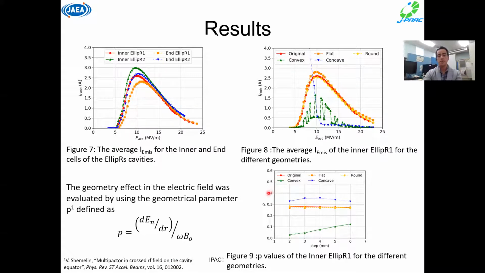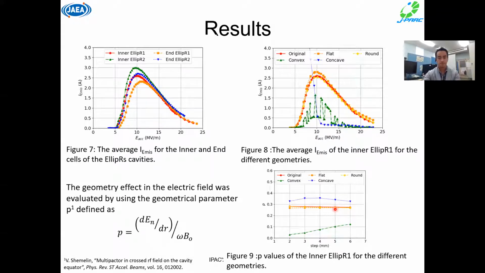We can see the p-value for the different geometries in this plot at different steps, let's say. And again, we see that for the original, the flat and round, the values are quite the same. For the concave it increases, and for the green one, the convex, it decreases.